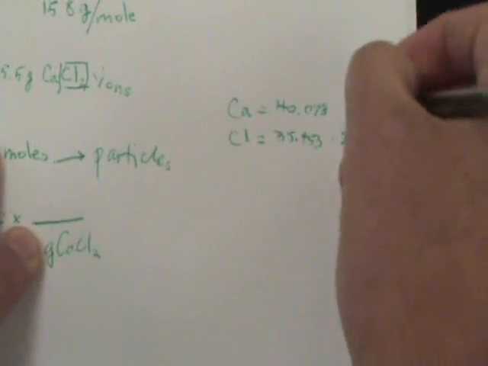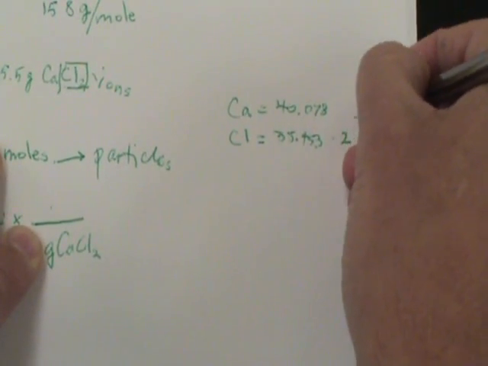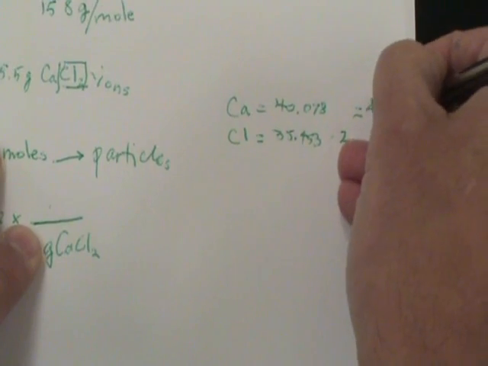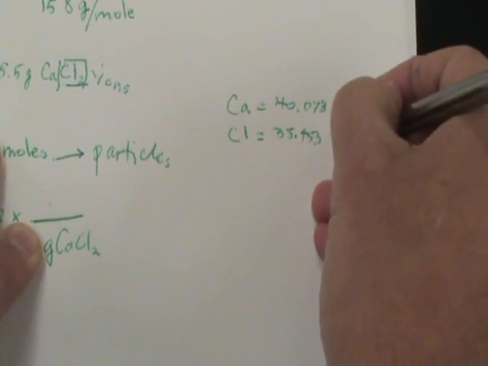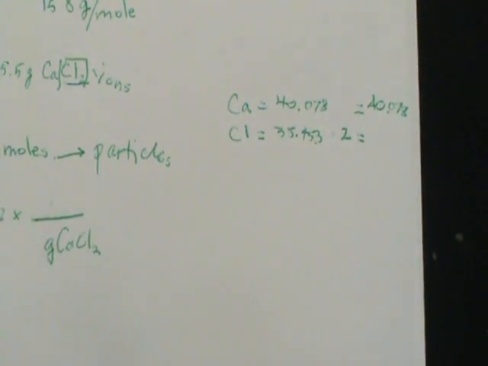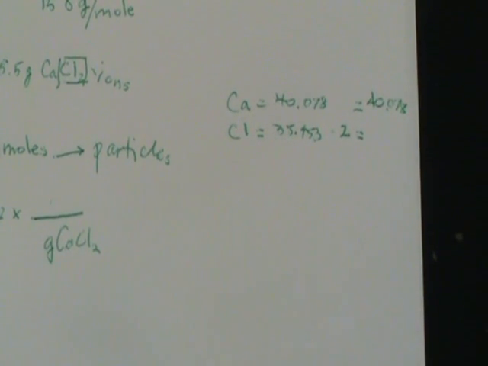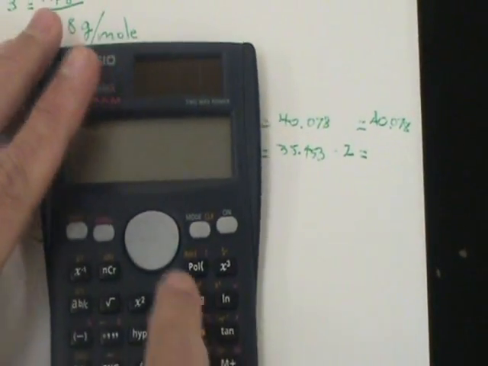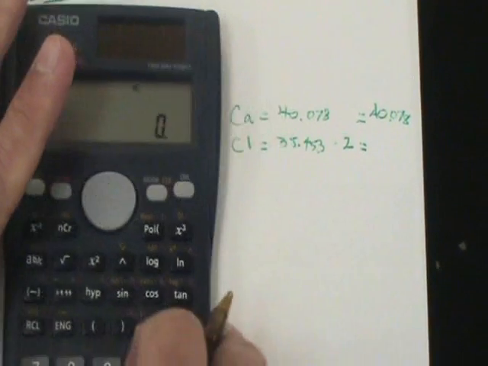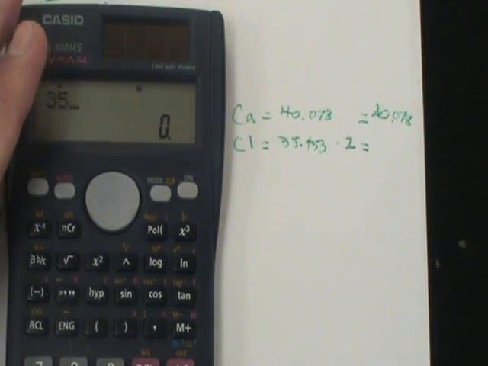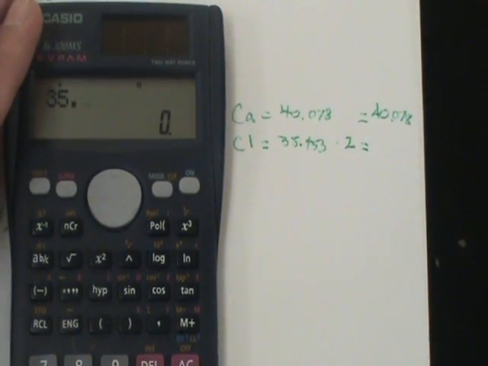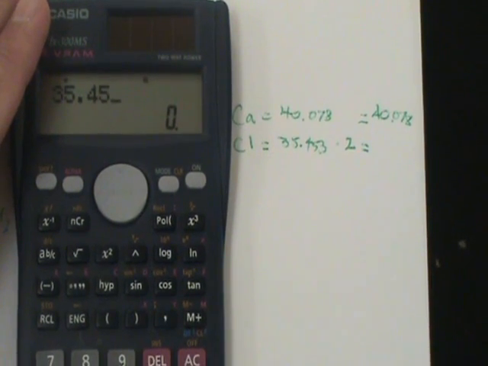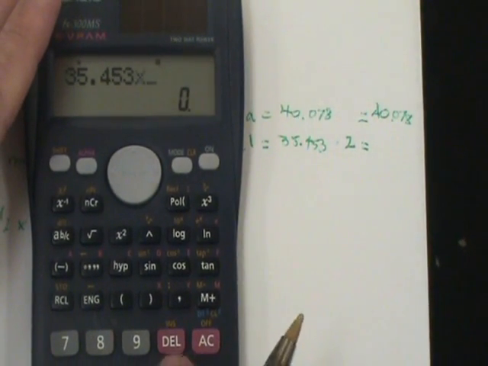So that comes out to 40.078. Now let me get a calculator here. Take out your calculators too, folks. So here, that's 35.453 times 2.